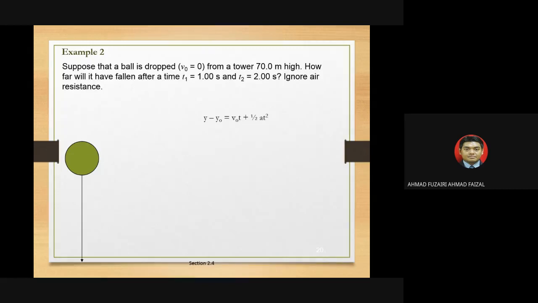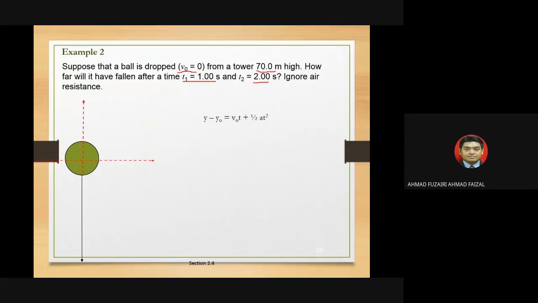You need to list down the information given: a ball is dropped, meaning that initial velocity equals 0. The height of the tower is 70 meters. The times given are 1 second and 2 seconds. Then you need to identify which equation to use. You can use the equation delta y equals y minus y naught equals v naught t plus half a t squared.